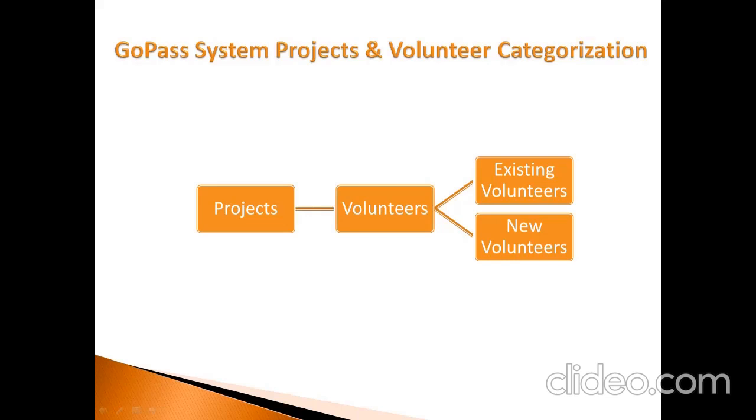You are adding them to your system, helping them through the application process, and typically paying for their background check. Existing volunteers are people who have already gone through GoPass. If a volunteer comes to you and says that they have gone through the screening process before, you can confirm this as well as their eligibility status and proceed to add them to your roster.